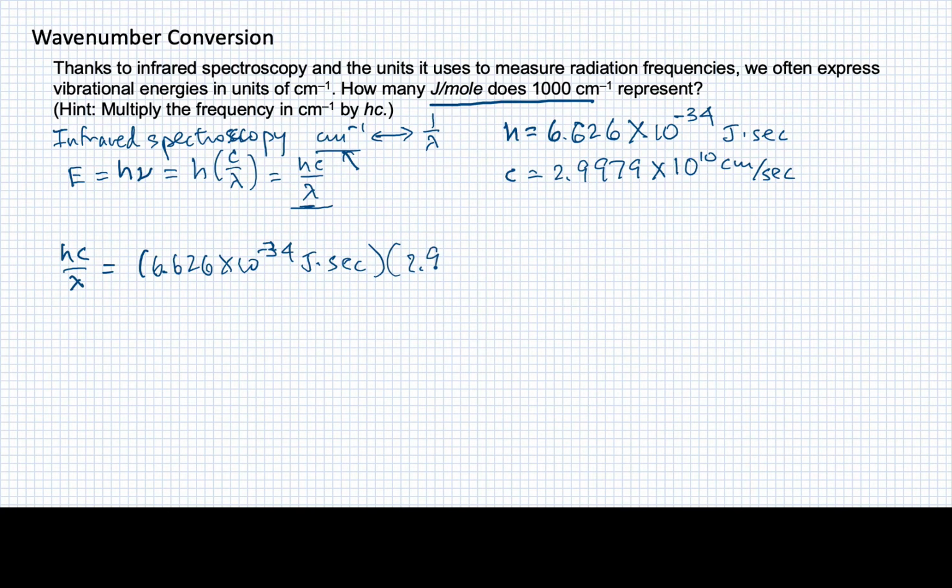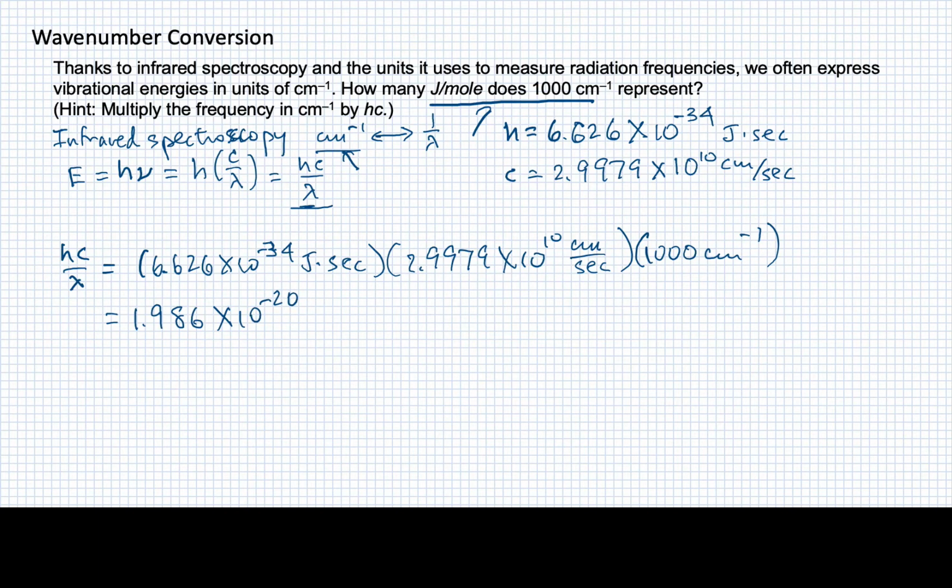C is 2.9979 times 10 to the 10th centimeters per second. And then we'll ultimately multiply this by 1 over lambda, but 1 over lambda is just this number that we've given up here. So 1,000 inverse centimeters. All right, when we multiply all this out, we'll end up with a number that looks like this, 1.986 times 10 to the minus 20.